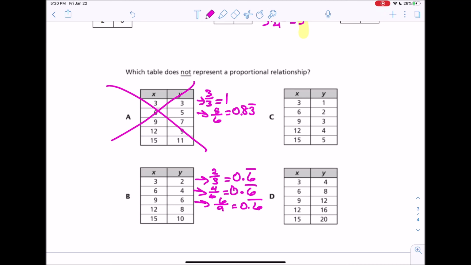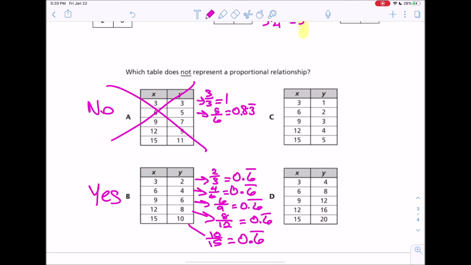So we're still good. 8 divided by 12, same number. And then we have 10 divided by 15. And we get the same thing. Perfect. So this is a yes, this is a no.